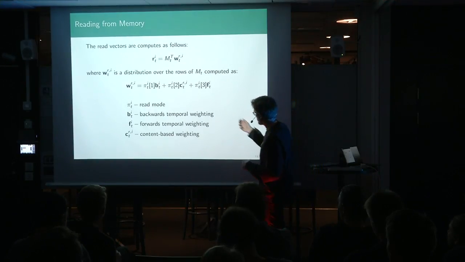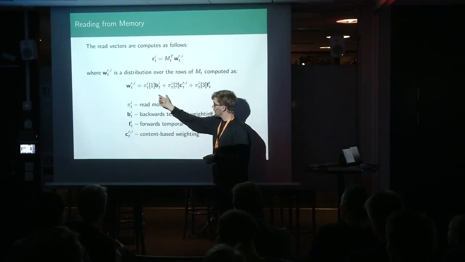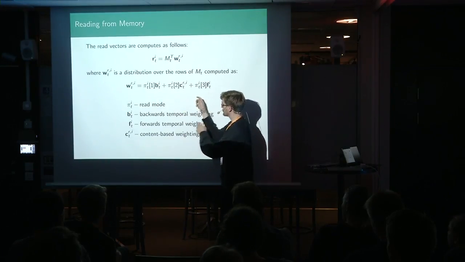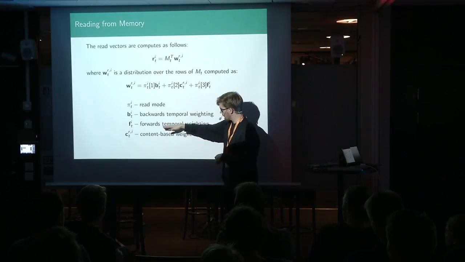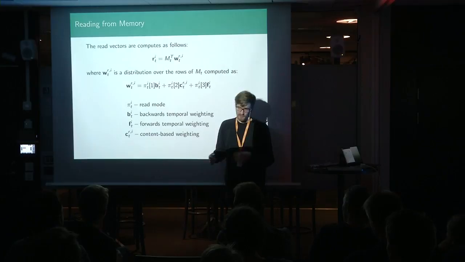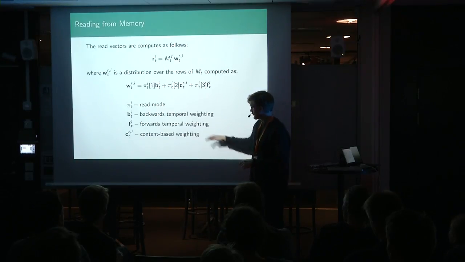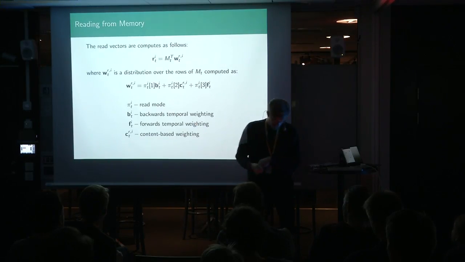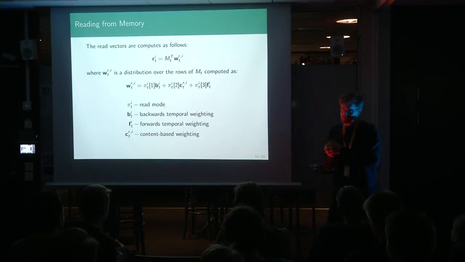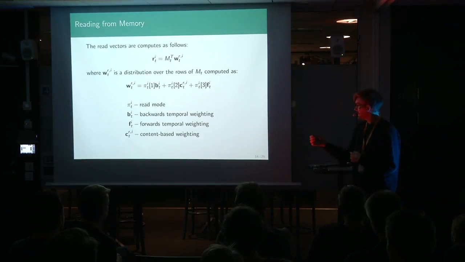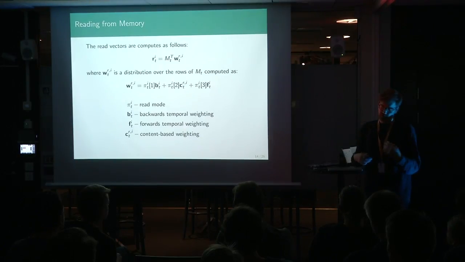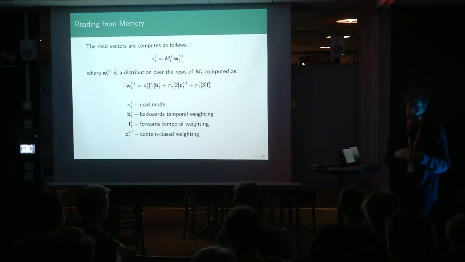And these pi here control which of these three we should rely on: the content-based, the forward temporal weighting, or the backward temporal weighting. Forward temporal weighting means that you read the memory locations in the order in which they were written, and backward temporal weighting means that you read them in the reverse order.